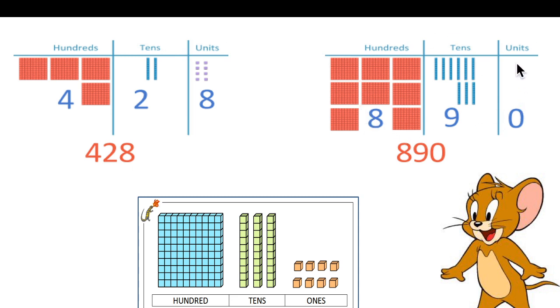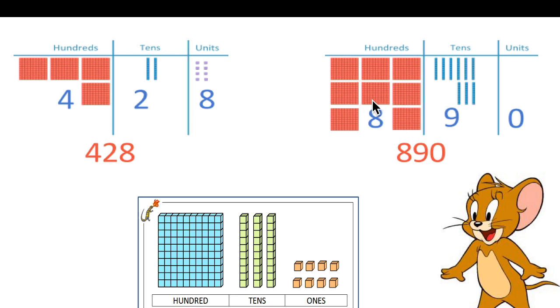How many ones do we have? None. That means 0. How many tens do we have? 1, 2, 3, 4, 5, 6, 7, 8, 9. We will write 9 in the tens column. How many hundreds do we have? 8.